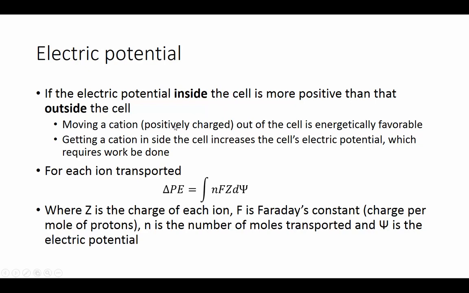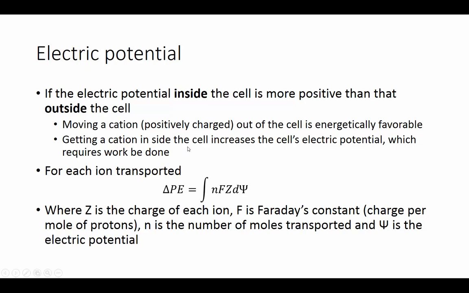Moving a cation, a positively charged particle or ion, out of the cell is energetically favorable because of this electric potential. So, we have more positive charge inside the cell than we do out. So the moving of a cation would go down the electric potential, and that is favorable.